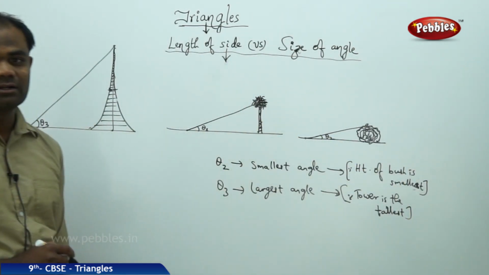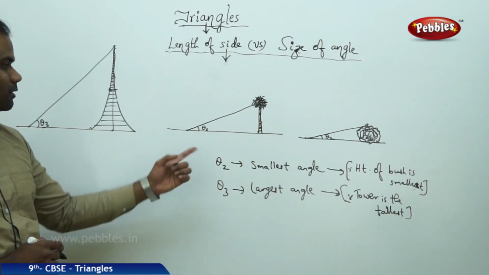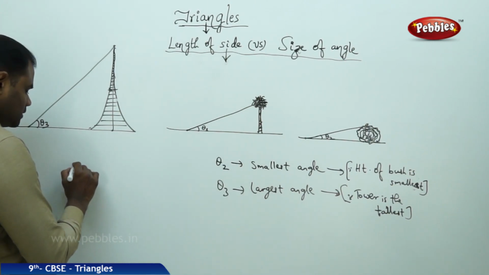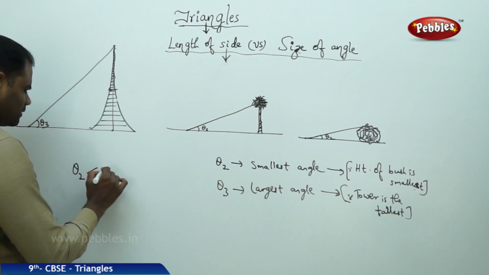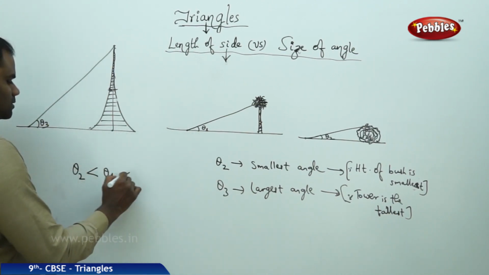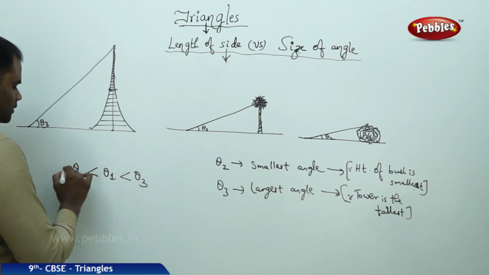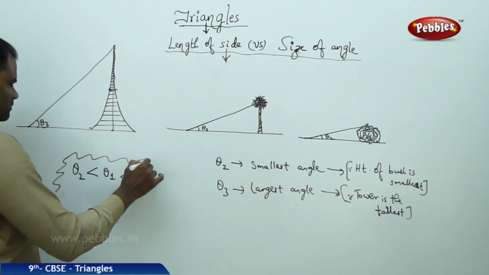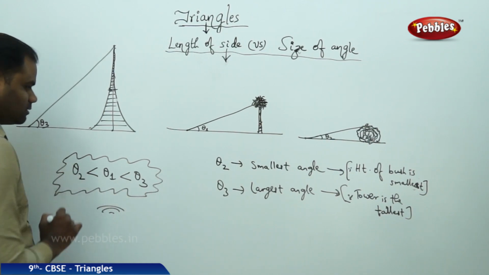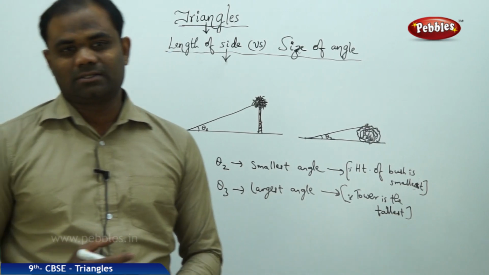That is how we understand the relation. Therefore, connecting the inequality with the angles here, I clearly see that theta 2 is smaller than the angle theta 1. Next comes smaller than theta 3. That is how I connect the real life situation with the angles.